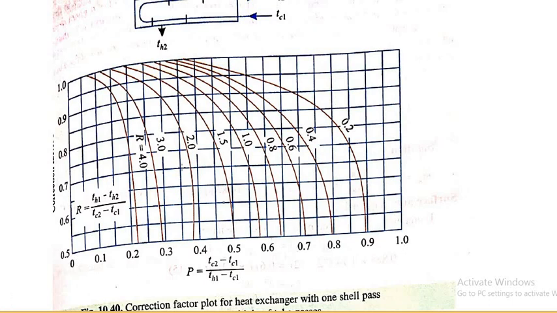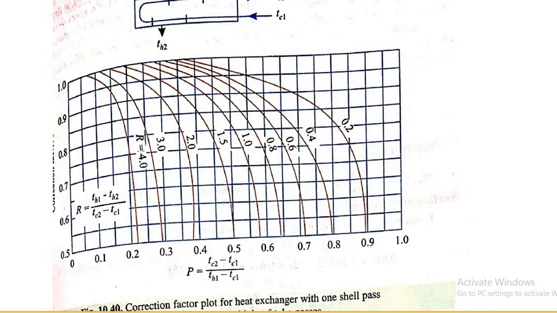The curved lines denote the capacity ratio, that is R. The values are 0.2, 0.4, 0.6, 0.8, 1, 1.5, 2, 3, 4. So these are the capacity ratio values.